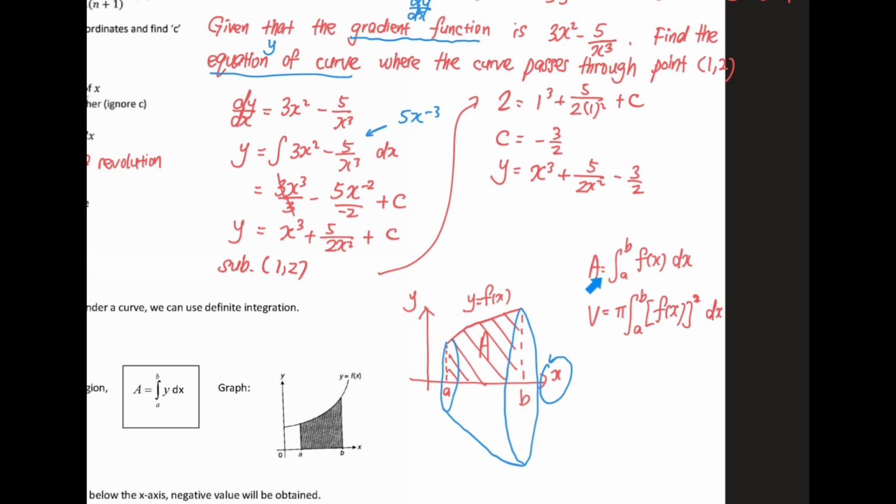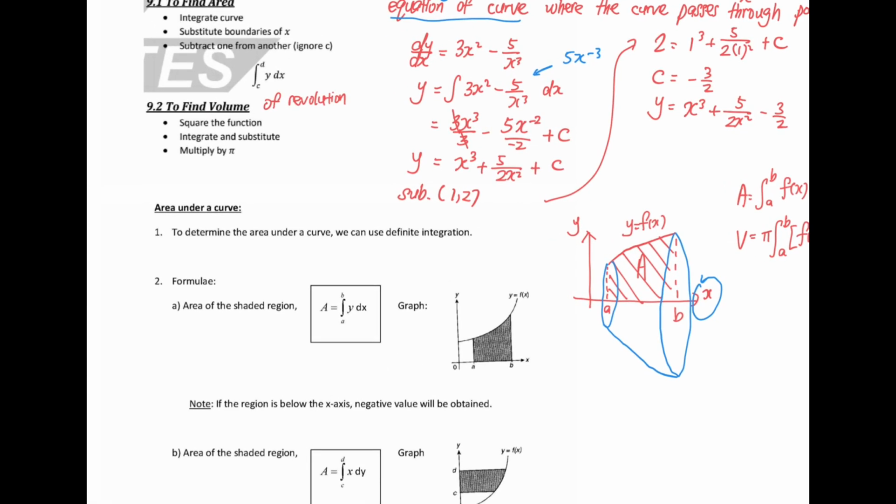For area, you integrate the function from a to b. For volume of revolution, you square the function, then you integrate from a to b also, and you multiply with pi. Okay, so that is the difference. So that is just the general idea.